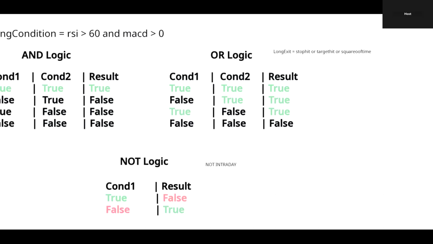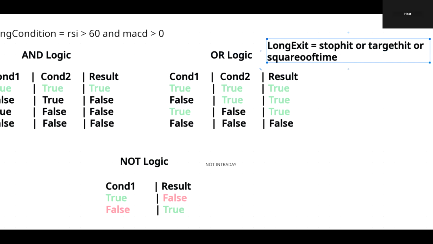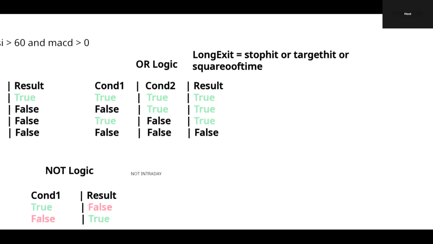Right? So that way we can easily bring in those context. Something like a simple logic over here. I guess this is pretty easy to understand.